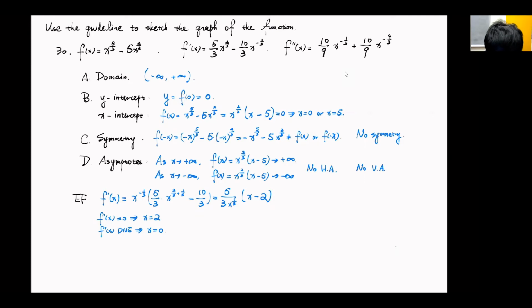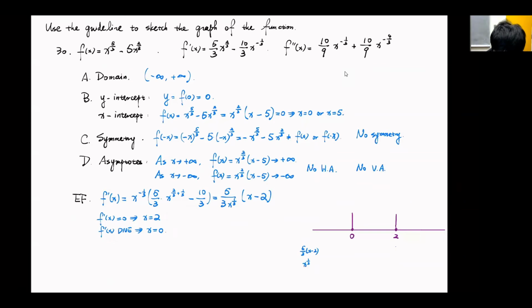So these two critical numbers separate the real line into 3 parts. And I need to analyze the increasing or decreasing by looking at the sign of the derivative. Okay, this is not difficult because let's actually place the factors all over here. So first I have 5/3 times x minus 2. So this is one factor, and then x to the 1/3 power will be another factor.